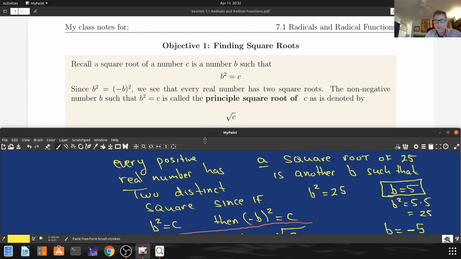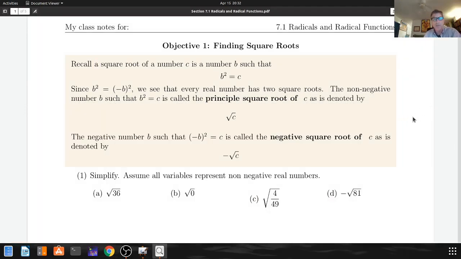So I have all of this listed right here, so let's just read it. I wanted to give you some examples. So every real positive number has two square roots. I'll have to add that in there. The non-negative number b, such that b squared is equal to c, is called the principal square root of c and is denoted by this notation.